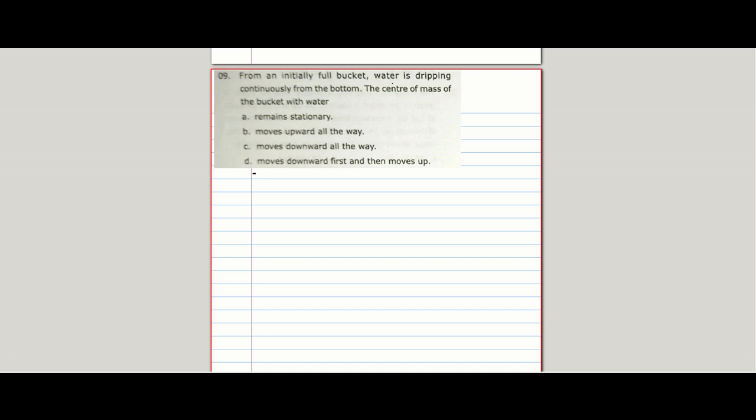From an initially full bucket, water is dripping continuously from the bottom. The center of mass of the bucket with water will, let's say this is the bucket, the water is dripping out, which means initially the center of mass will be dominated by the weight of the water. So it will be something like here.